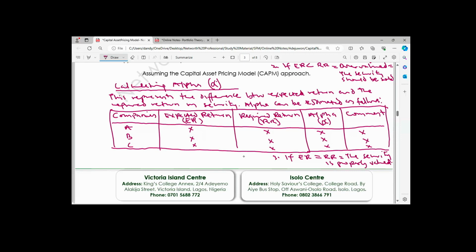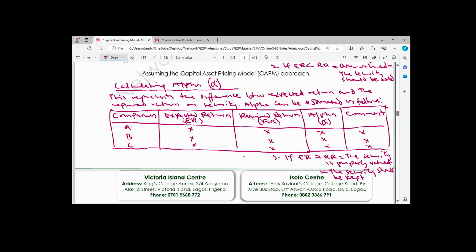So if the security is properly valued, then what are you supposed to do? The security should be kept, or the company should hold on to the securities.